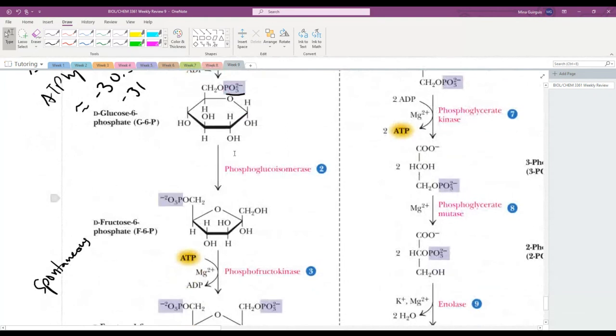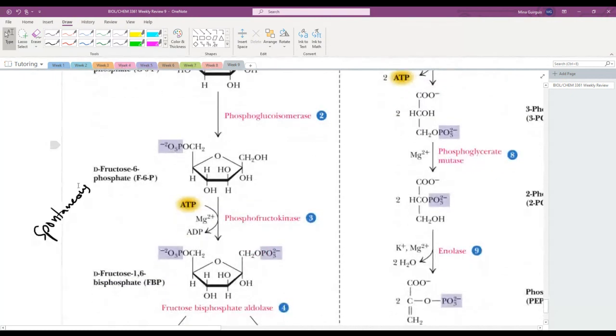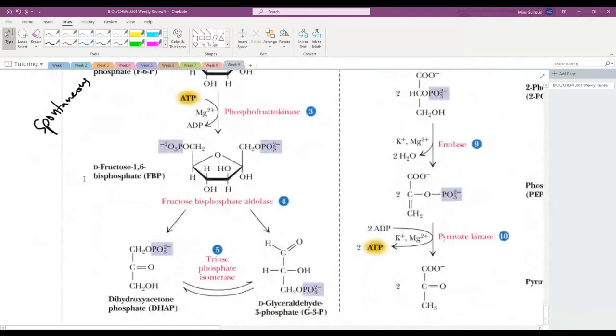The second step, pretty okay. It might be a little bit spontaneous, but it's not so much that it's insurmountable. A difference in concentration will get us there. The third reaction, that's going to be very spontaneous. Fourth reaction, we're not really using ATP, but it is cleaving, so we're not really sure.